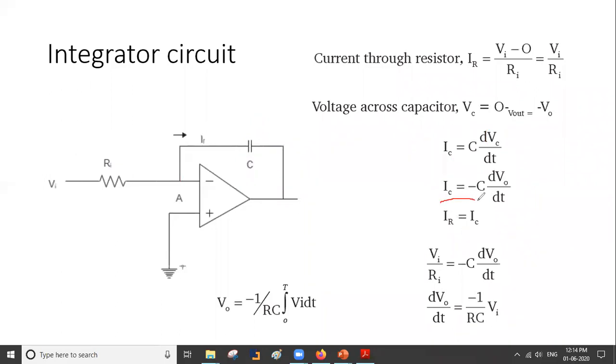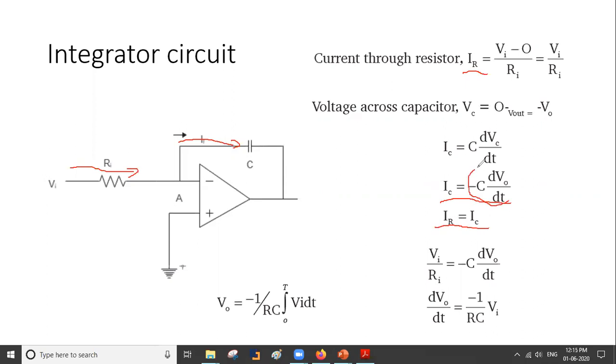So you have the current flowing through the capacitor and also the current flowing through the resistor. For the property of this integrator circuit, we assume that the current flowing through the input resistor is almost the same as the capacitor current. So we can write IR is equal to IC.